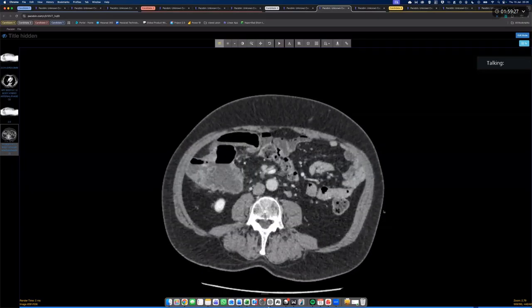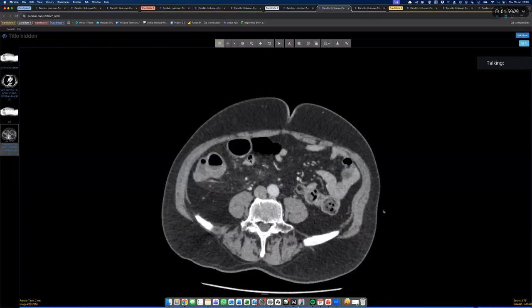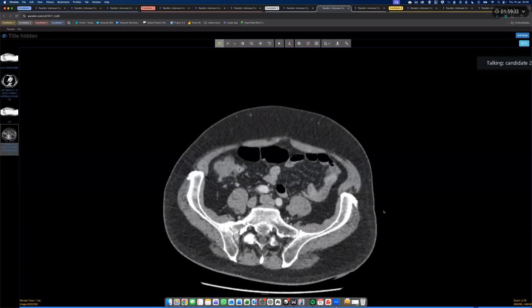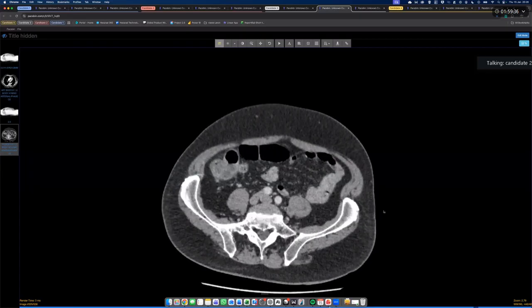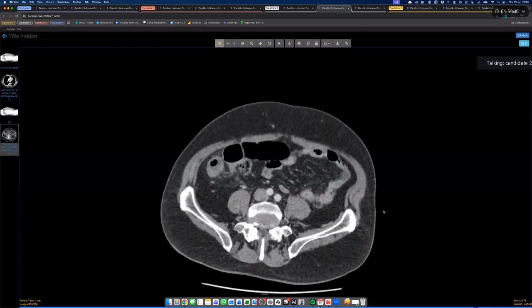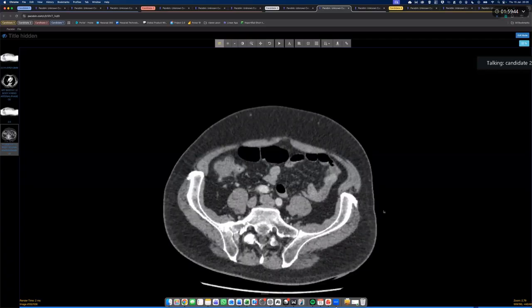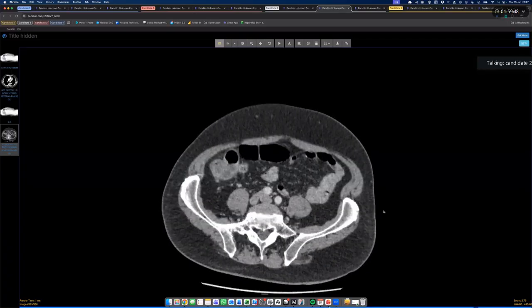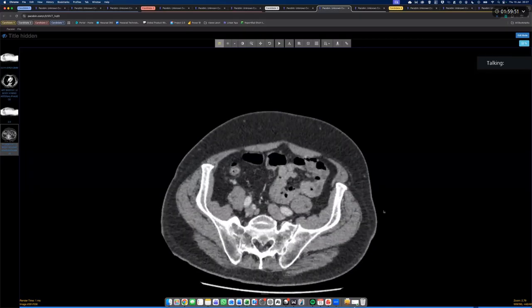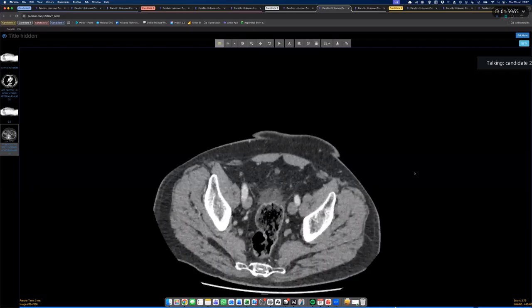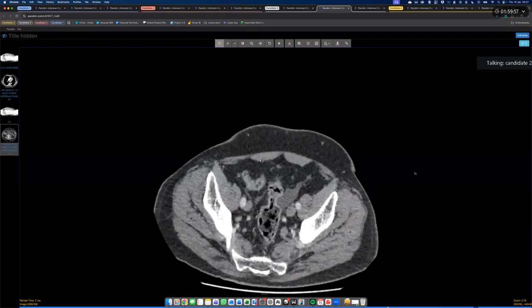The ascending colon as well as the transverse colon appear normal. I can appreciate the ileocecal junction and ileum, which appear normal. I'm trying to focus on the cecal wall.